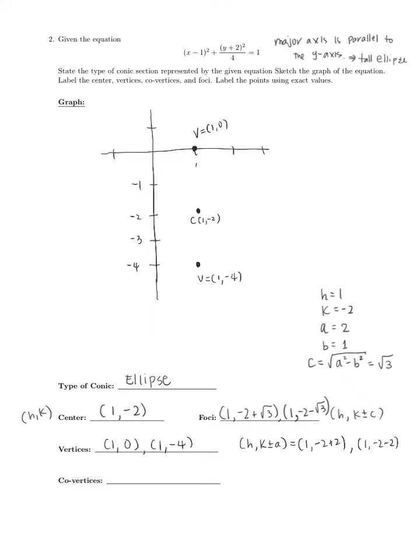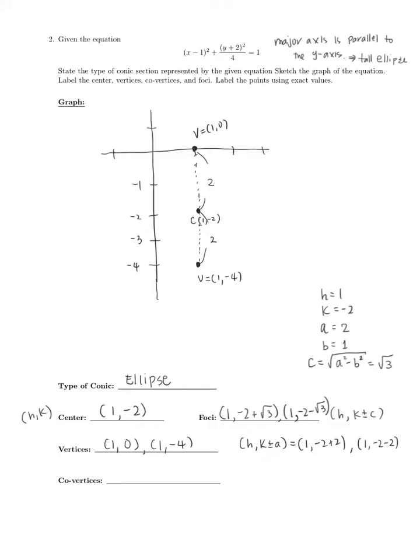Okay, so again, notice that the major axis is parallel to the y-axis, and then the distance from here to here is the square root of 4, which is going to be 2. Oops, sorry, and then from here to here is going to be 2. Let me just erase this portion.